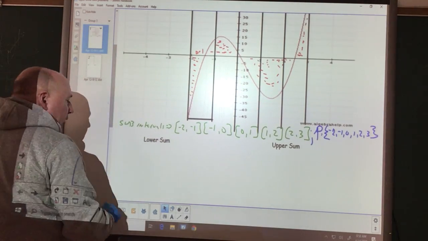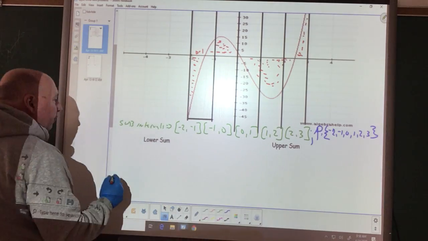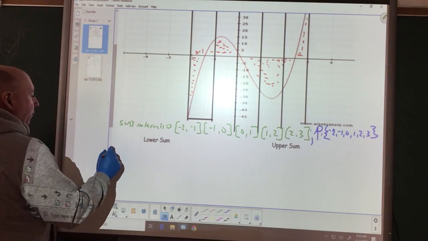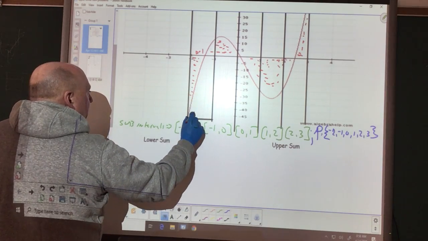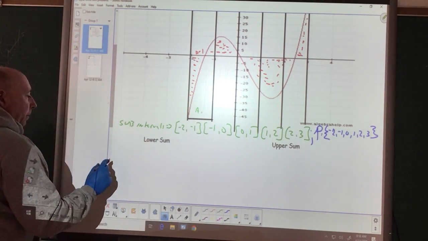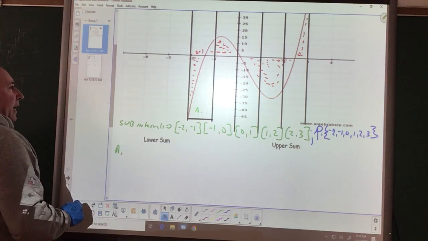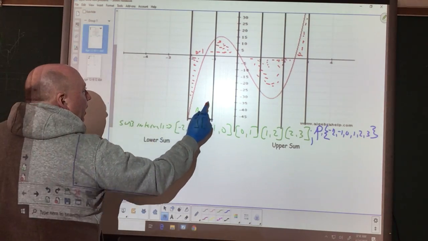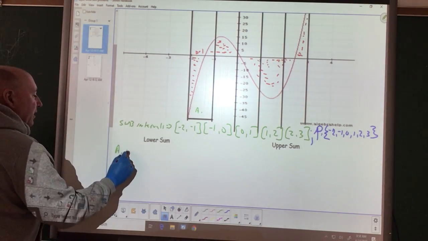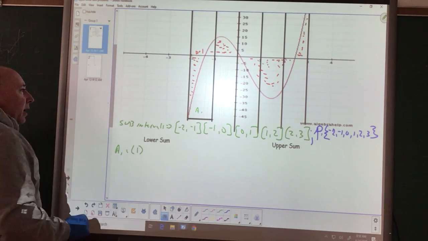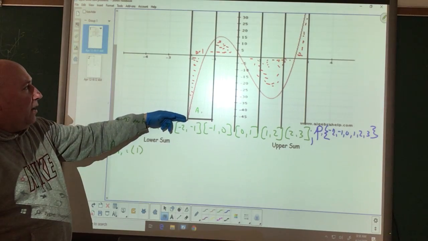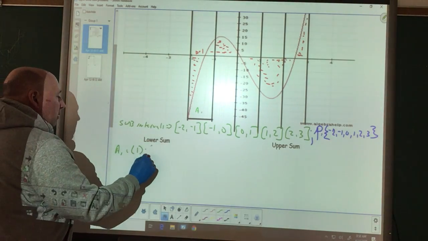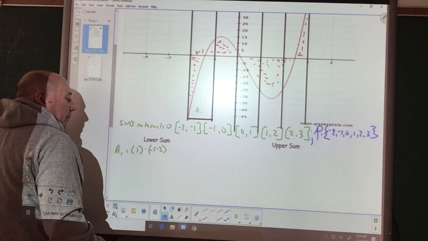So if I take a look at my interval from -2 to -1, I'll just call this area 1. This area 1, I have a base of a value of 1, and my height is my function value at -2.